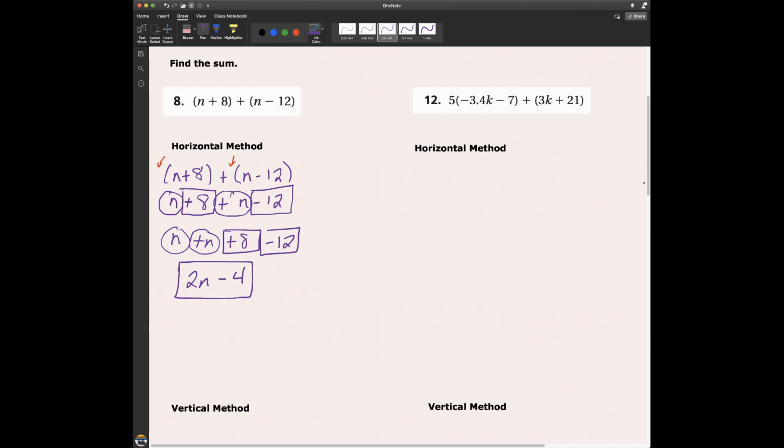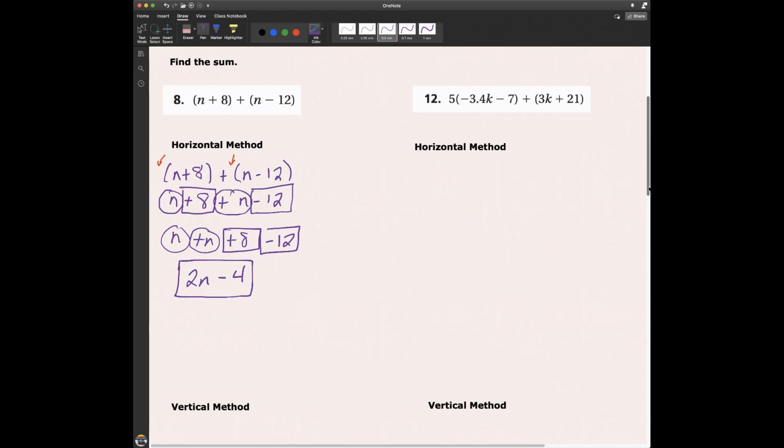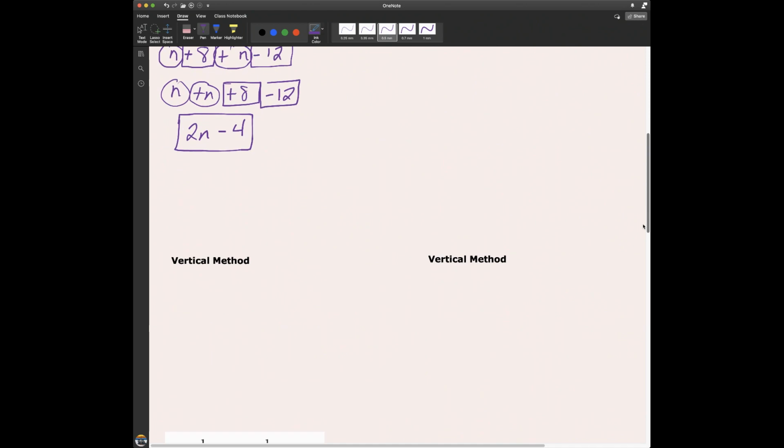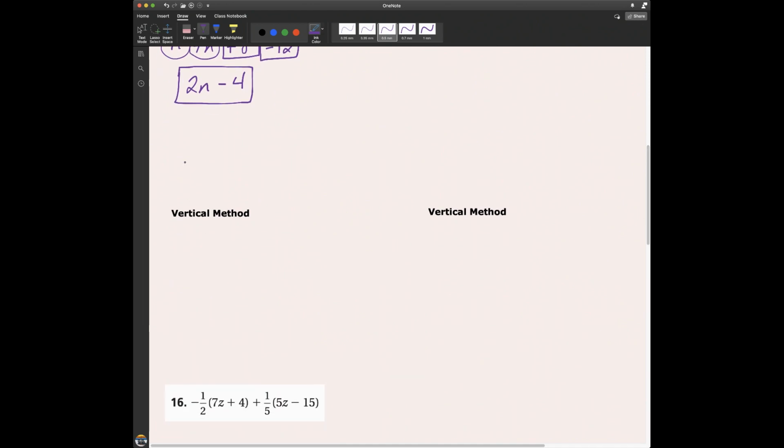All right, so that is the horizontal method. It pretty much looks similar to what we did in section 3.1 when we were simplifying expressions. Let's look at this in the vertical method. So in the vertical method, let's see, I might need some space here. Let me write the problem down again. n + 8.